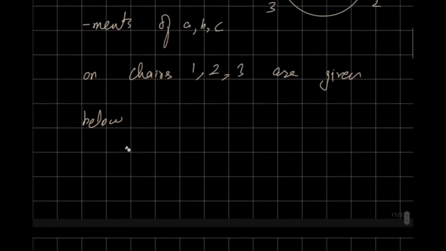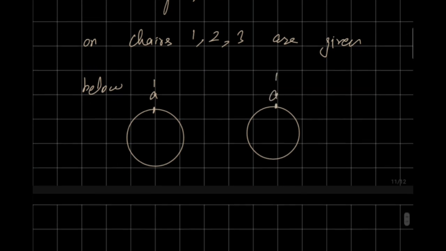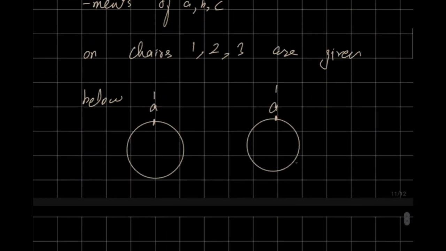First, make three circles, two circles. First, fix A at position number 1. Here again, fix A at position number 1. This is position number 2, this is position number 3, and the same for the other circle.